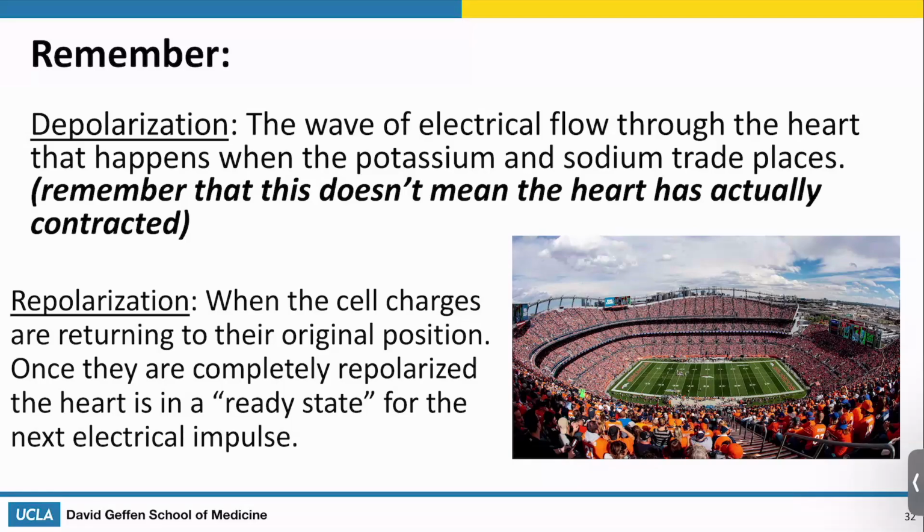So we have to repolarize. And that's when the cell charges are returning to their original position. So we start kicking out that potassium, sending it back out to become more negative inside that cell, so that our heart is in that ready state for that next electrical impulse, so that we can get another heartbeat and another heartbeat and another heartbeat.